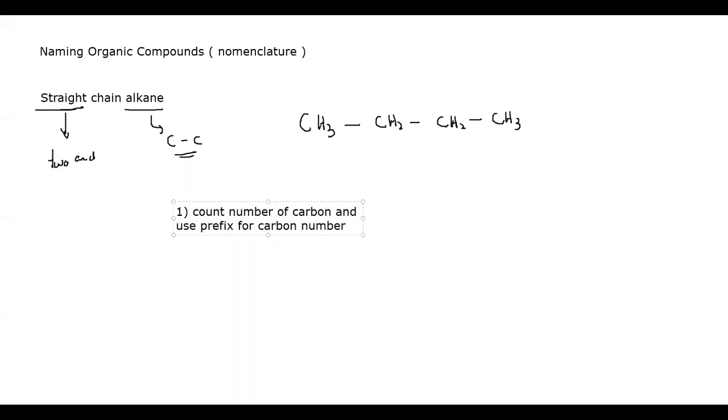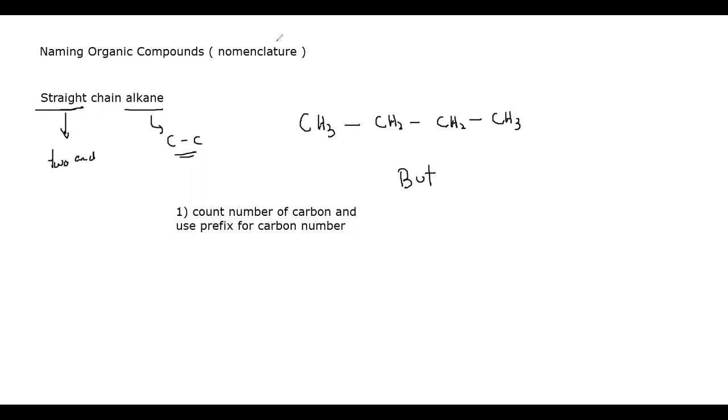So we count the number of carbon: 1, 2, 3, 4. So there are 4 carbon atoms. So if there are 4 carbon atoms, what prefix should I use? So I should use but for 4 carbon atoms.